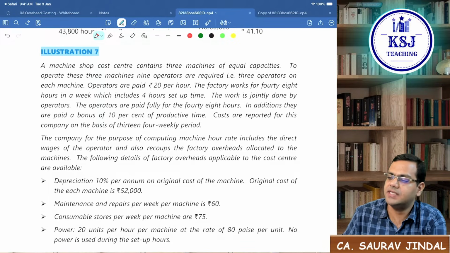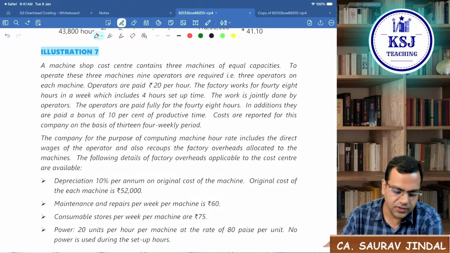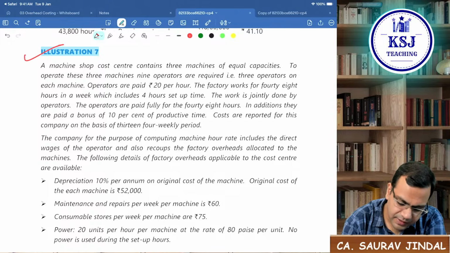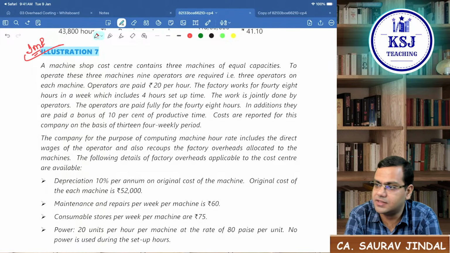Question number 7 is again on machine hour rate. Okay, let's read it. These are important questions. The 6th one is important. The 7th one is very, very important. This can be asked in the examination.